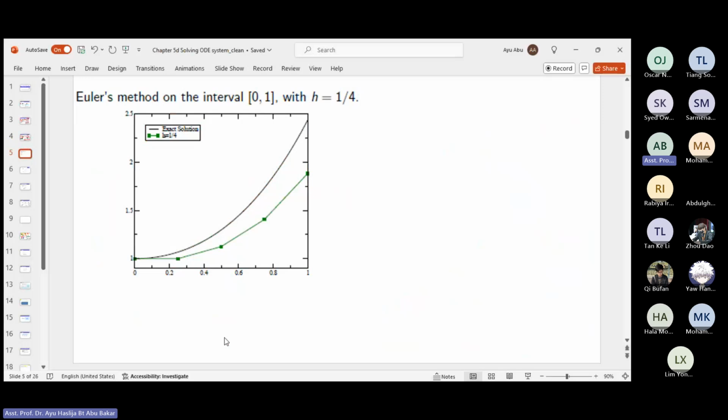This one has the same interval, but a different h value. So the step size will get smaller, so we can see the trend of the y Euler. Using the same equation, now generate your table. The interval is from 0 to 1.